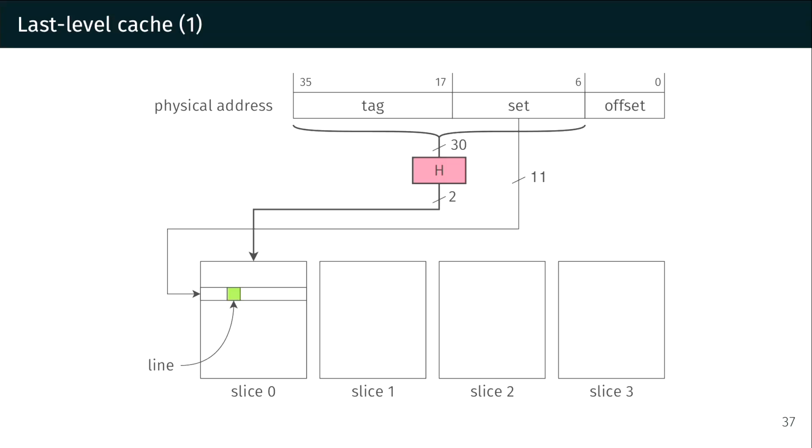But more importantly, we need to know in which slice an address is going to be. And that is given by some bits of the set and the tag of the address that are passed into a hash function that says in which slice the line is going to be. Now the thing is that this hash function is undocumented by Intel. Wouldn't be fun otherwise.